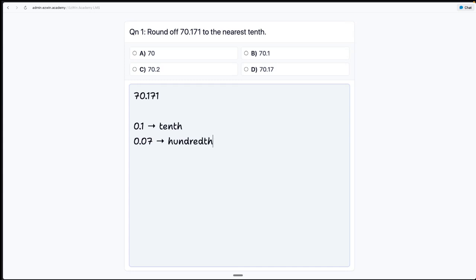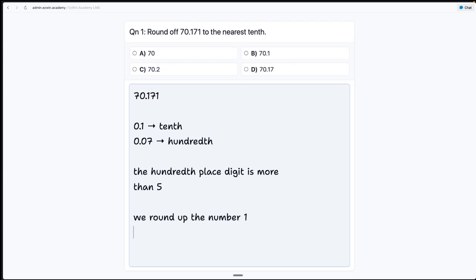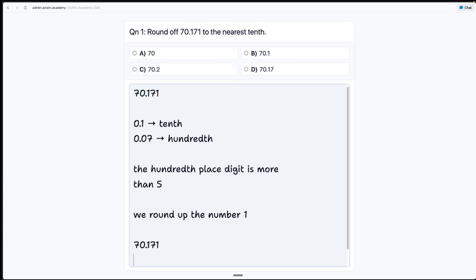To round off, we need to see whether the digit after the tenths place is 5 or more. In this case, the hundredths digit is more than 5, so that's where we round up the number 1, and this will give us from 70.171 to 70.2.